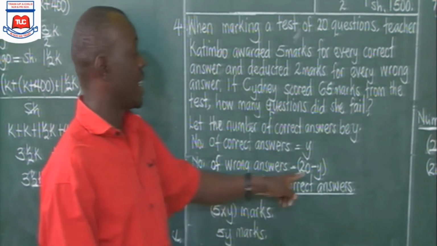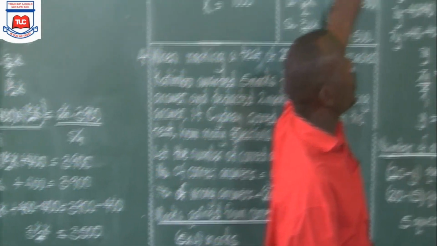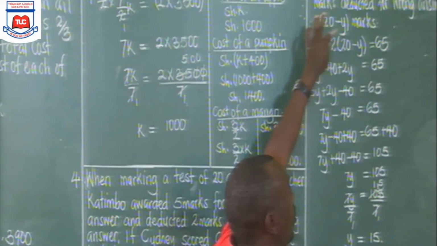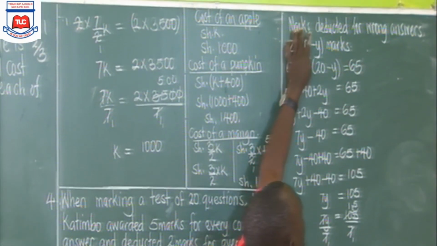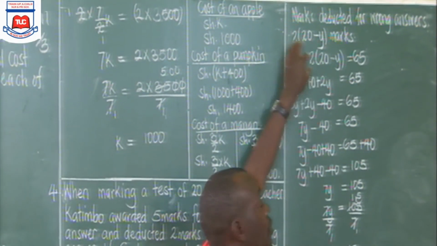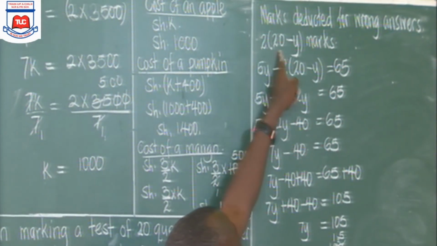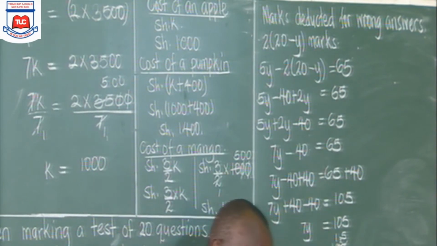Now that the wrong answers are 20 minus y, we get the marks deducted for those wrong answers. That's 2 marks for each of them, so 2 into (20 minus y) marks.